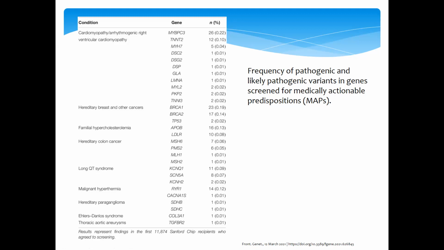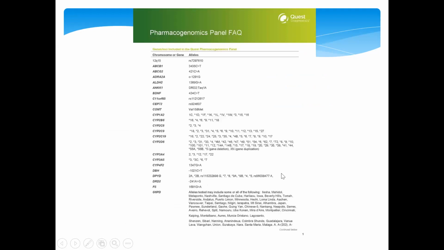I actually worked PACU for a couple of years, and we had a 21-year-old male that came in for a simple surgical procedure and died on the table from malignant hyperthermia, unknown, no family history. So it is really important to understand, does anybody in your family have those problems?